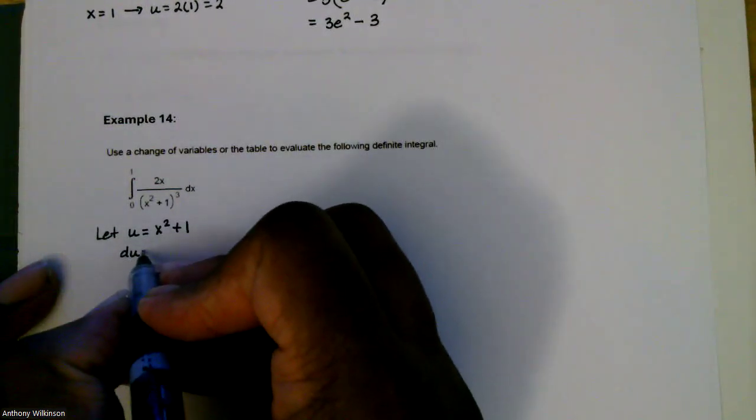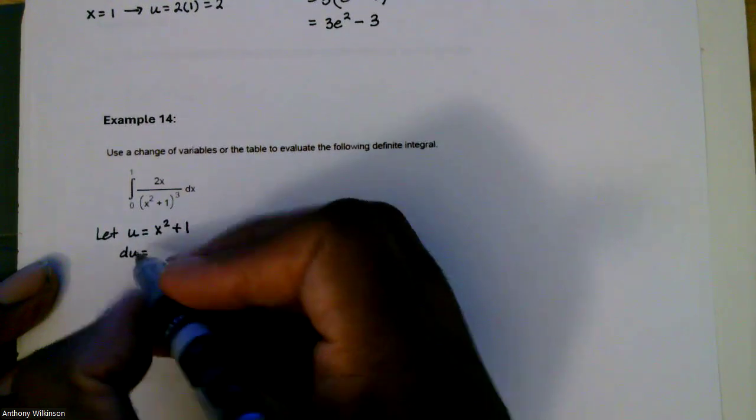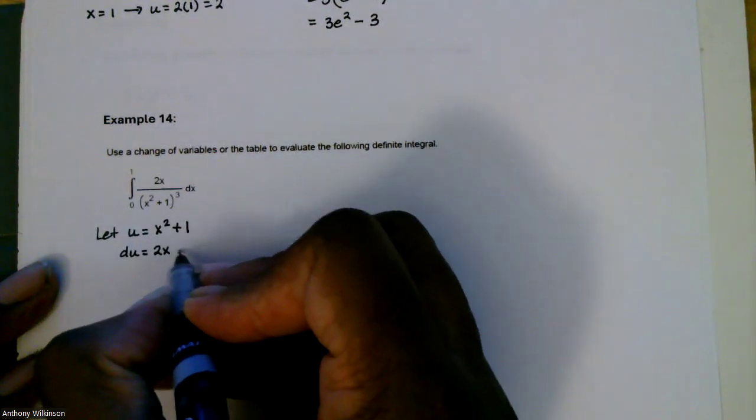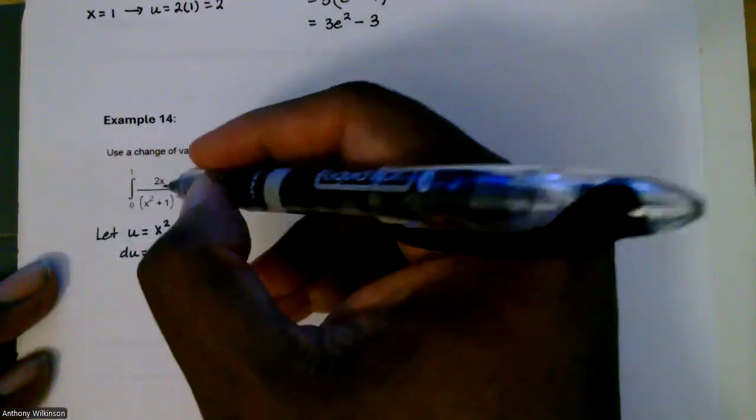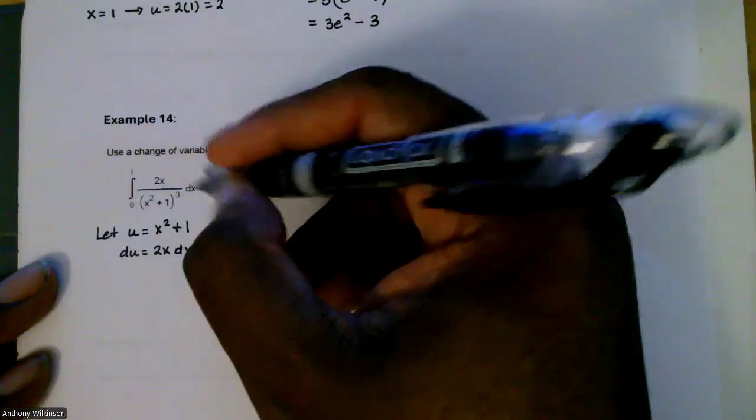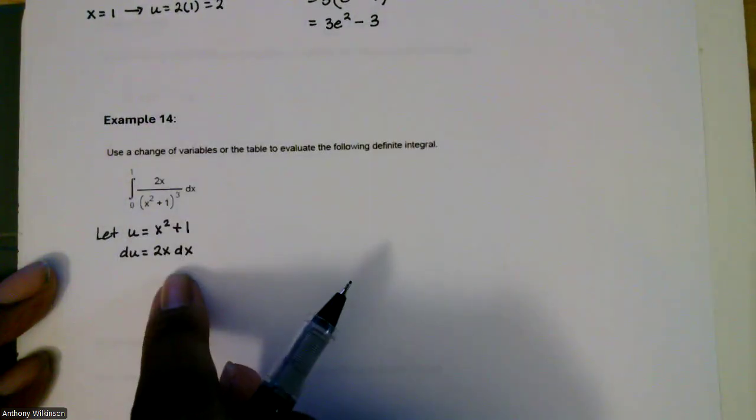And then du will be equal to the derivative of x squared plus 1, which would just be 2x dx. Guess what? That's exactly what I have up here, 2x dx.